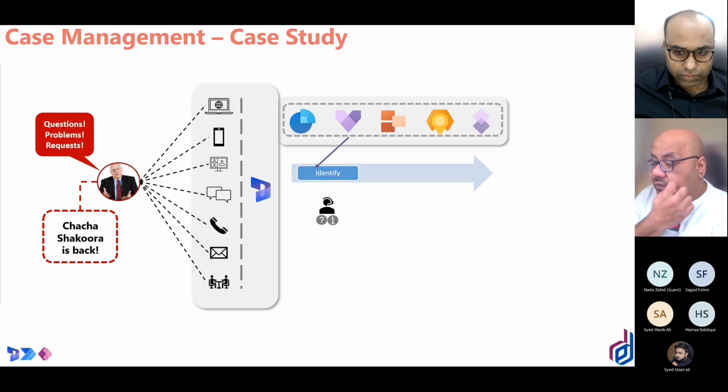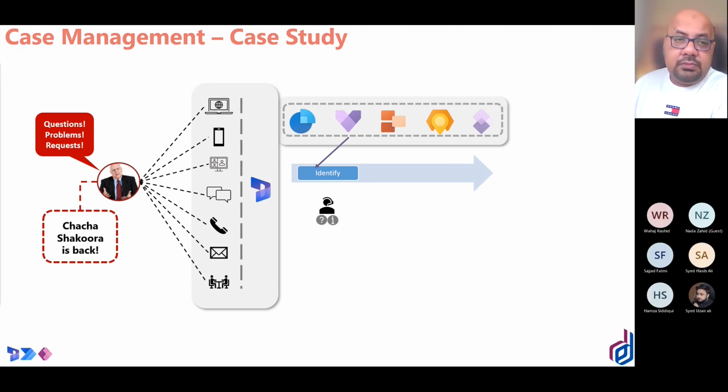From that point, what will happen in the background is that one of our support agents, support representatives, or whatever you normally call them in a customer service department, is going to identify it and look into the details: what kind of matter it is and how it is going to be managed.